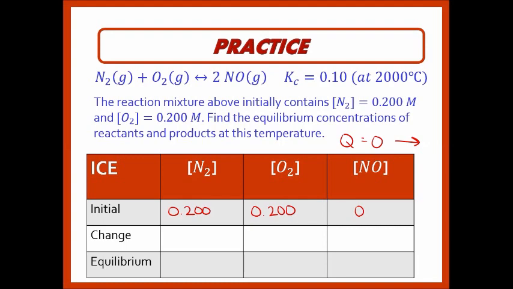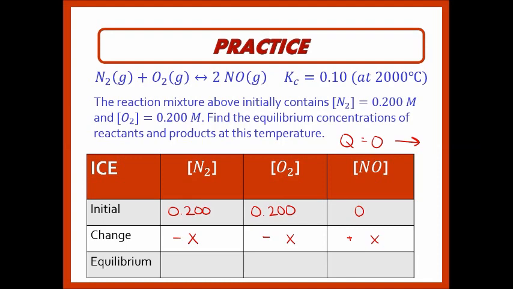Now we must determine the change in the concentration of the reactants and products in order for the reaction to get to equilibrium. So remember, the forward reaction is proceeding, so that means the reactants are going to be decreasing by some factor of x, while the products are going to be increasing by some factor of x. And that factor depends on the coefficients from the balanced equation.